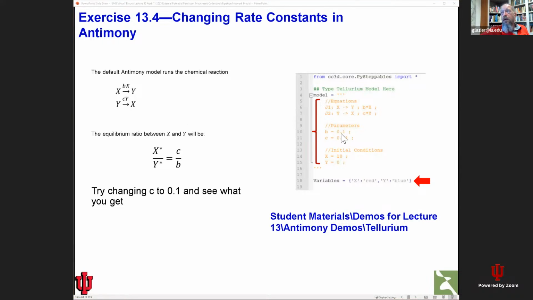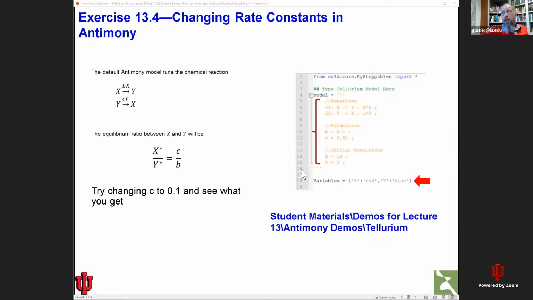Is that we are running a chemical reaction here. Species X turns into species Y at a rate B times X, that's mass action. Species Y turns into X at a rate C times Y, that's mass action. And it happens that the equilibrium ratio between these two, which is Y labeled X star, is C over B.